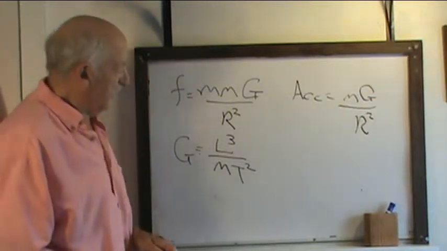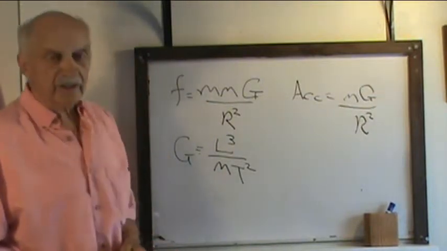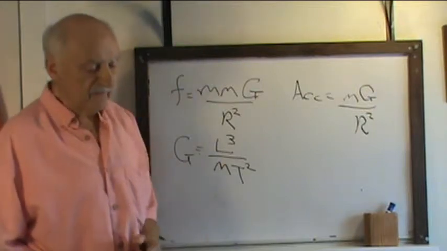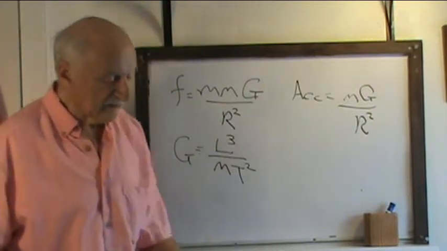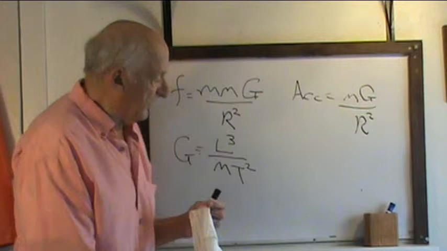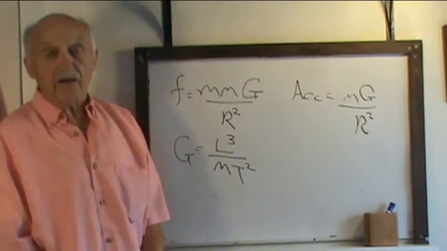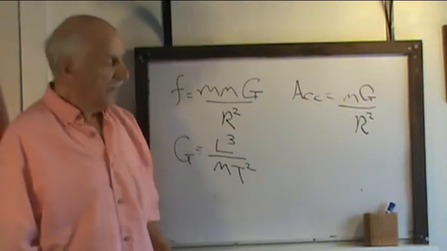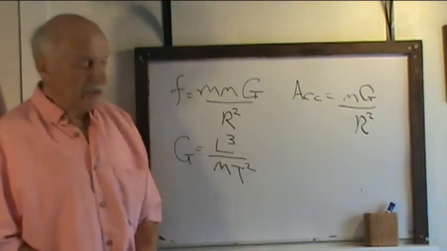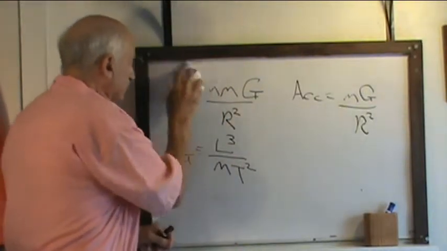But I think, and I want to show, that it is much less exciting, and that these values for length, mass and time are actually variables that exist in these equations, and I'll show you what they are.